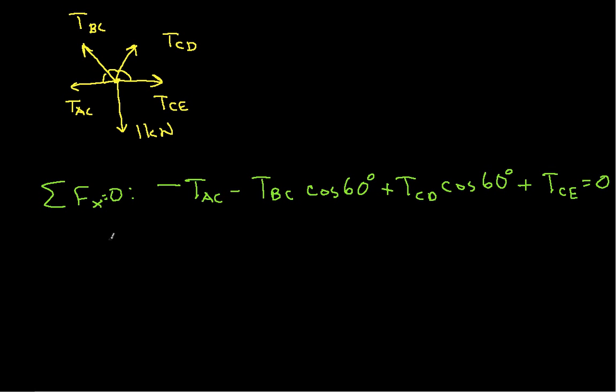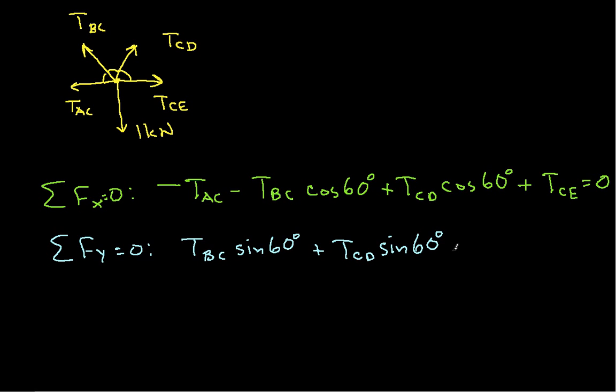Okay, and if we look in the y direction, we'll have TBC sine of 60 plus TCD sine of 60 minus 1 kilonewton is equal to 0. And we know what TBC is. We've already computed this. And so we can then solve this equation for TCD.